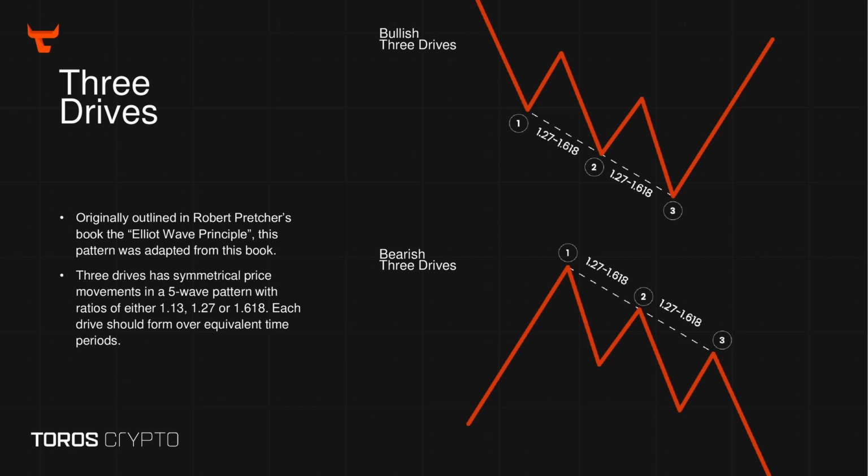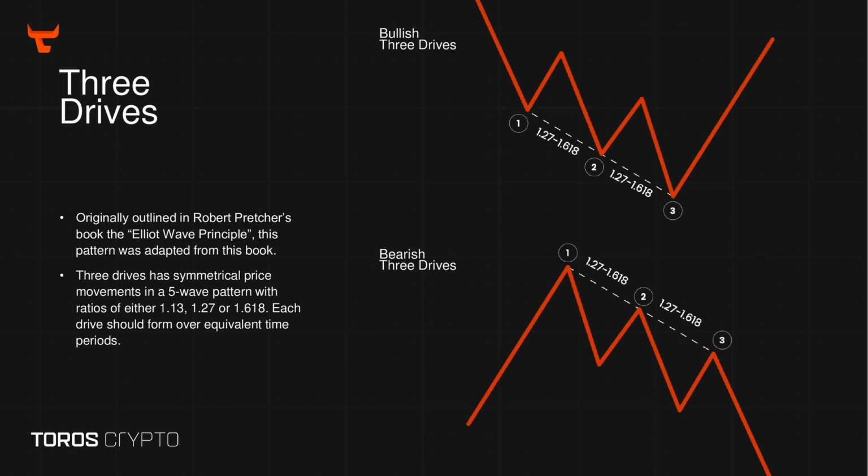It is extremely hard to find patterns with exactly the same 3 drives in terms of the ratios, but sometimes you can find them with similar alignments. And you will notice that if you have a look at this, it kind of looks like an ABCD and then another ABCD.